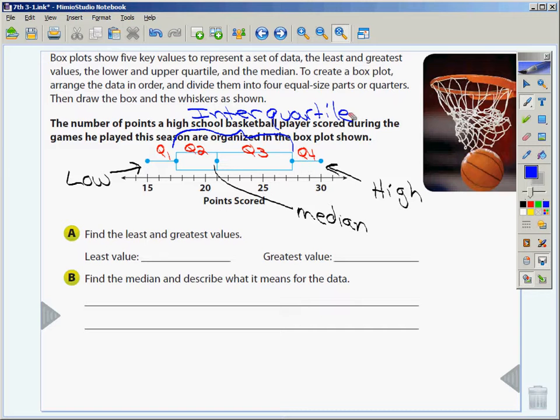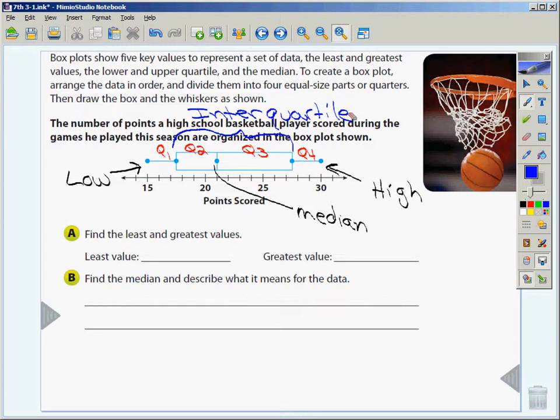Because that's where everybody's in. Not everybody, but the majority. 50% are in the box. 25% are below it. 25% are above it. But 50%, the majority, are in the box. That's where we typically make our predictions from.